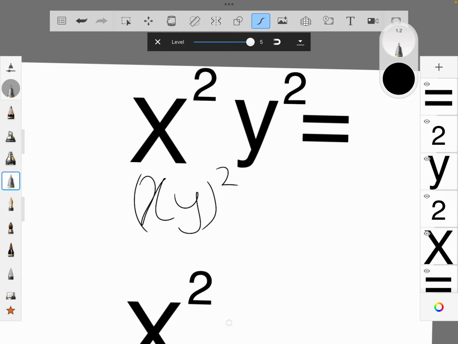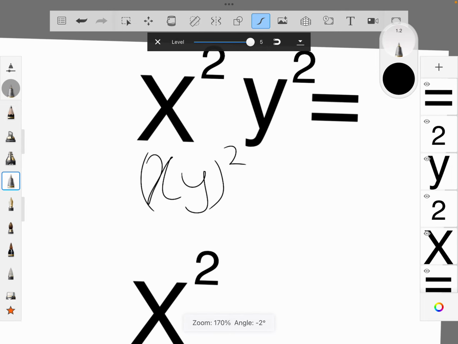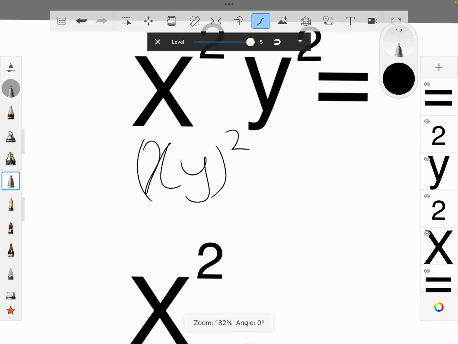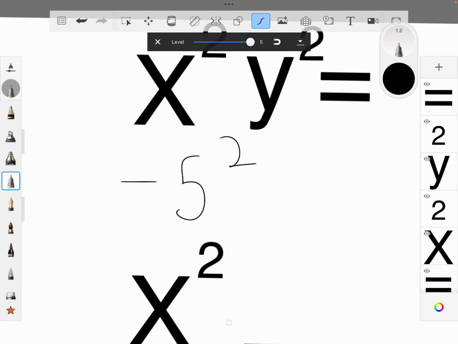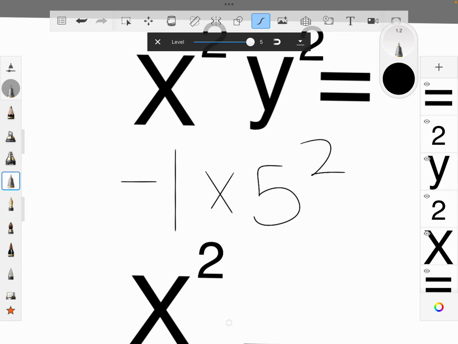So if both of the numbers have a different variable but have the same power, then the bases can just be multiplied together with parentheses, remember, because I've seen a lot of math problems where they say this, -5 to the power of 2. But this math problem is really tricky because it's actually -1 times 5 to the power of 2.